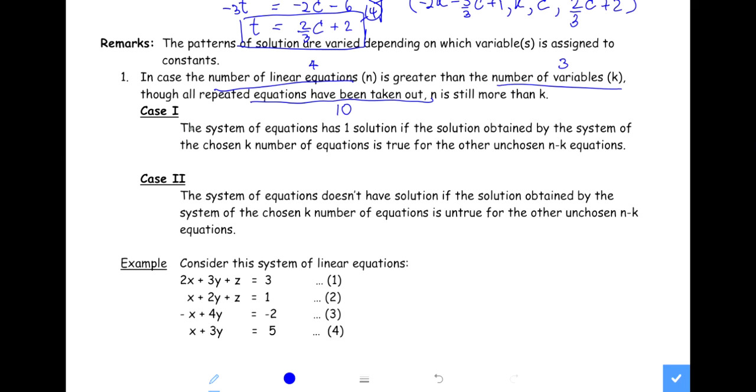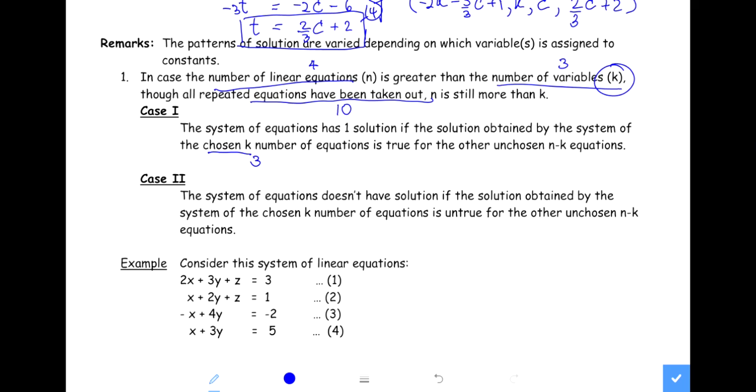In case one, you will have the answers if the solution obtained from the system of a chosen k number of equations holds for the rest. So what is k? If I go back, I have four equations, and my chosen k in this case is three.